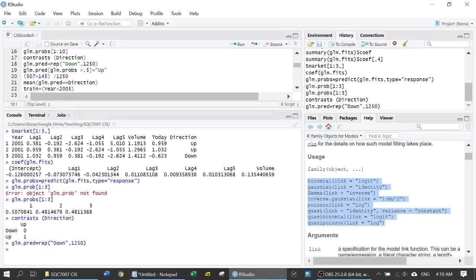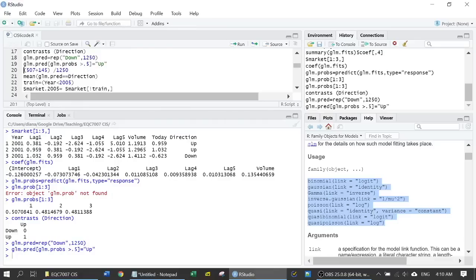If you want to ask me why, let's go to the next one. Then we replace: glm.probs is the probability here, and this is the first three observations in glm.probs. If glm.probs is larger than 0.5, then we replace glm.pred with up, because all the values just now were down, from the first observation until the 1,250th observation.